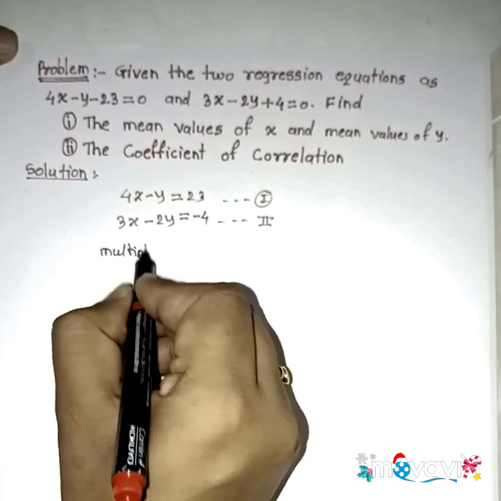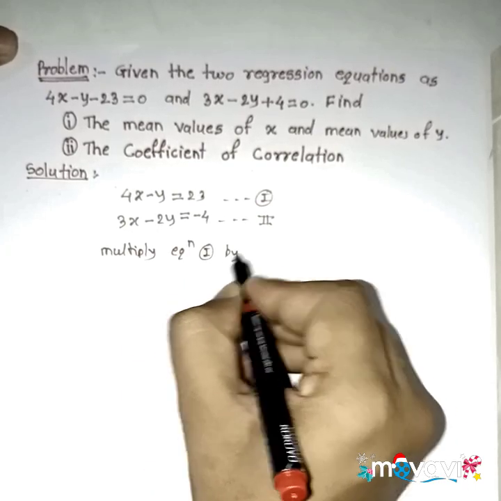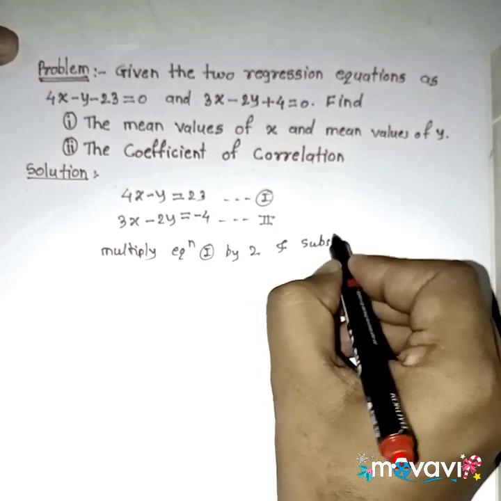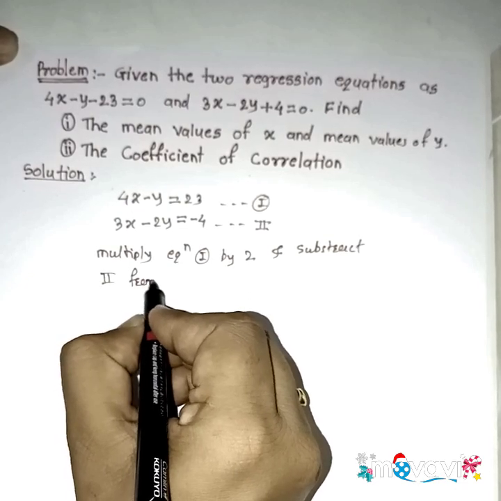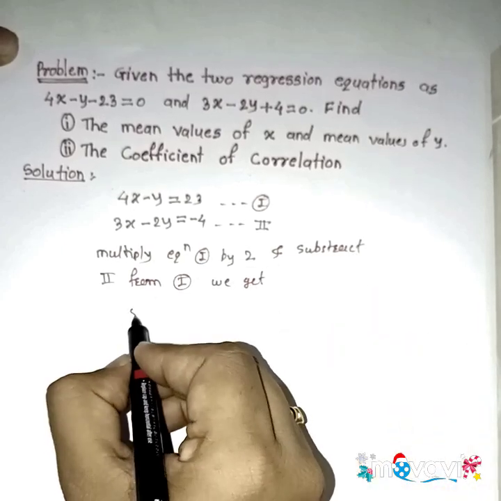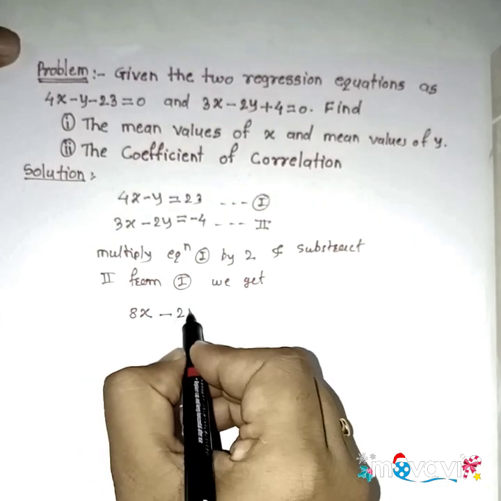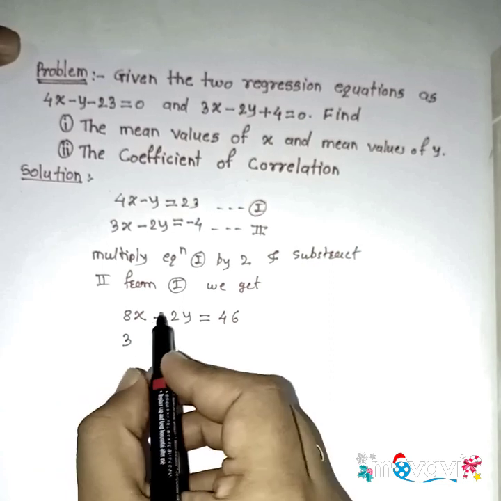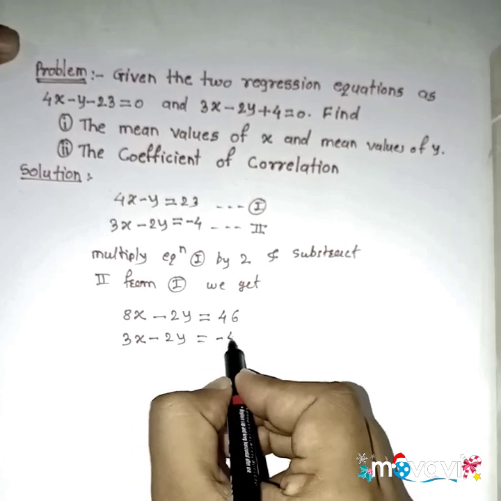If we multiply equation number 1 by 2, we get 8x minus 2y is 46, and equation number 2 we write as it is, 3x minus 2y is minus 4.